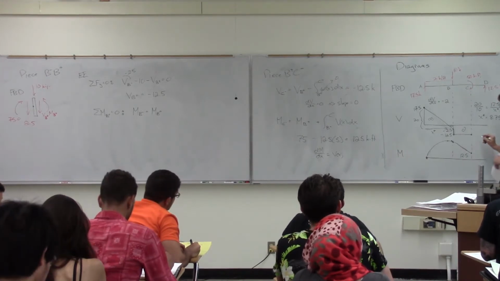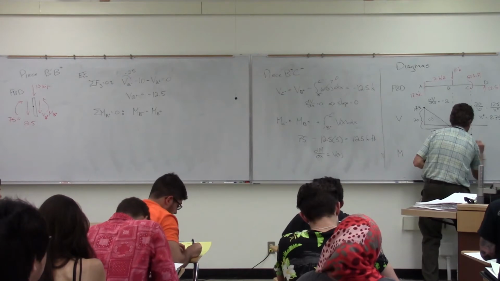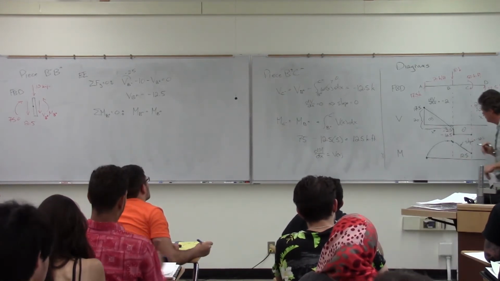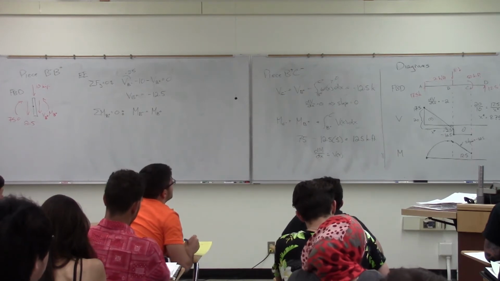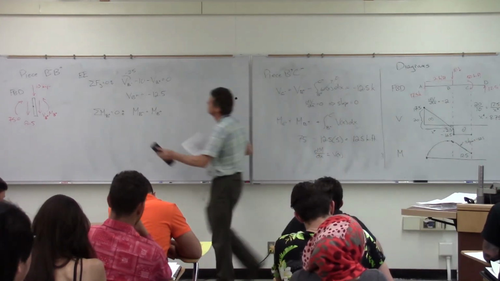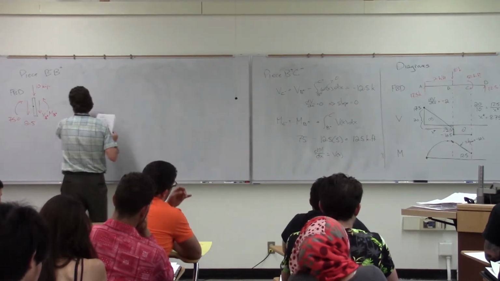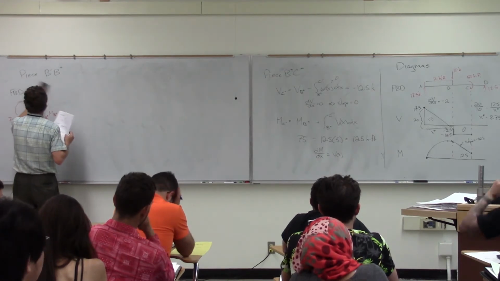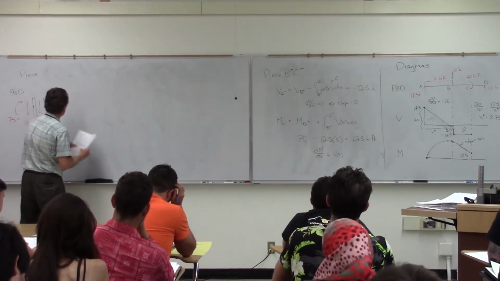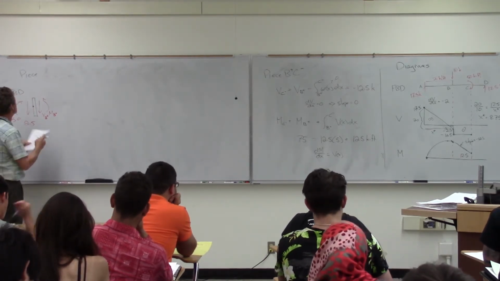The slope is going to be equal to the shear, and it's linear in between. And again, how we deal with the next piece, we're just going to do a little equilibrium piece around C.